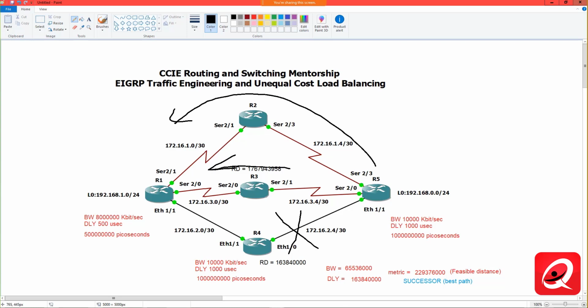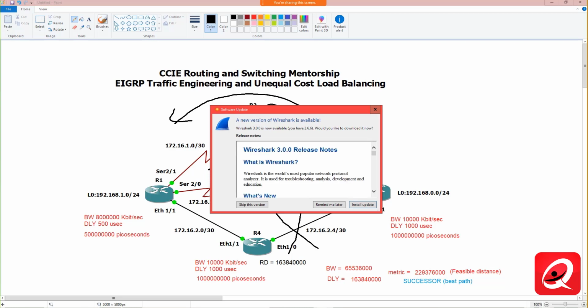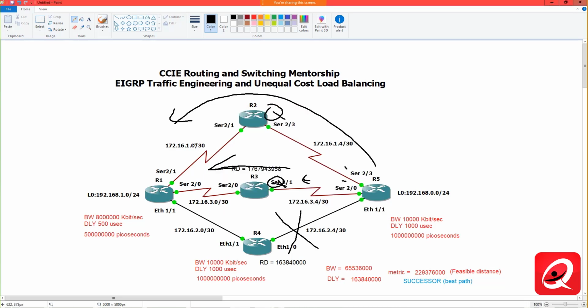It was part of my topology database, but because they didn't qualify based on the feasibility condition, we have to send a query to those neighbors to identify whether or not those neighbors still have a route to that particular destination. In turn, those guys are going to have to query their neighbor to see if they still have a route to that destination, and then we're going to have to get replies for those queries back before we can actually start to utilize those particular paths.